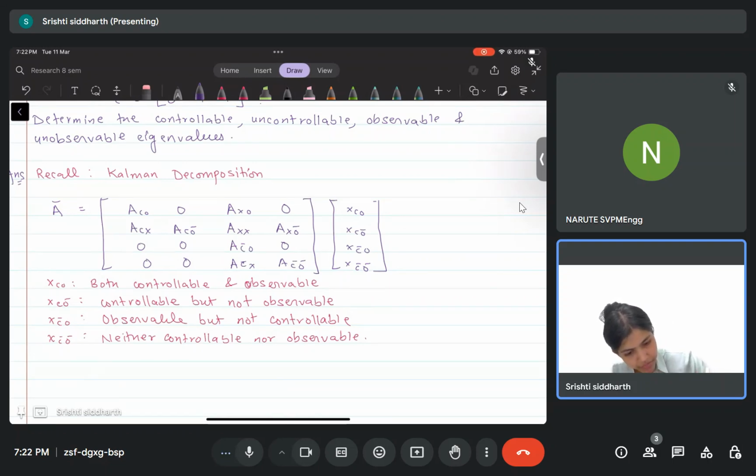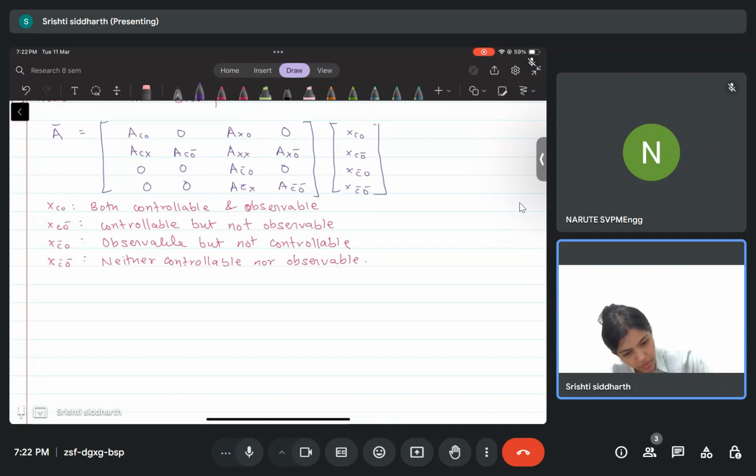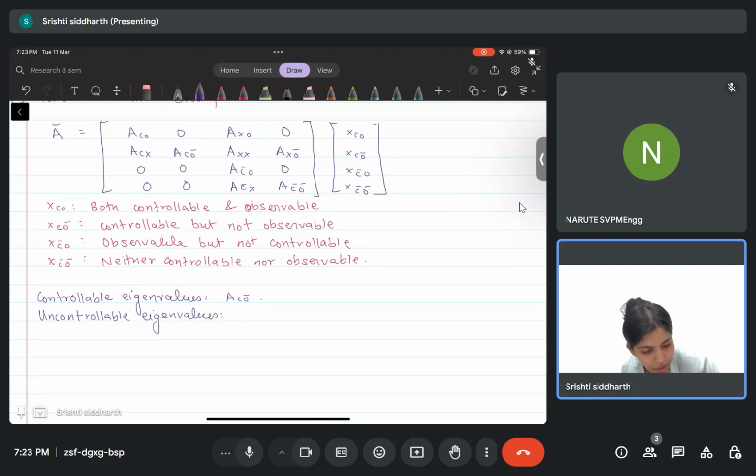So just say that controllable eigenvalues would correspond to CO bar. Uncontrollable eigenvalues would be of A C bar O and A C bar O bar.